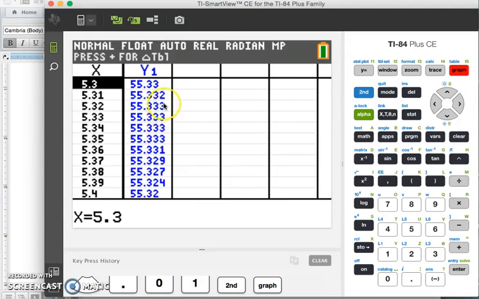Somewhere right in here, any of these is really going to be the maximum profit. So the table didn't really help us. It gave us anywhere in between $5.32 all the way up to $5.35. So it's really in between $5.33 and $5.34. So this is where the graph is going to come and really help us.